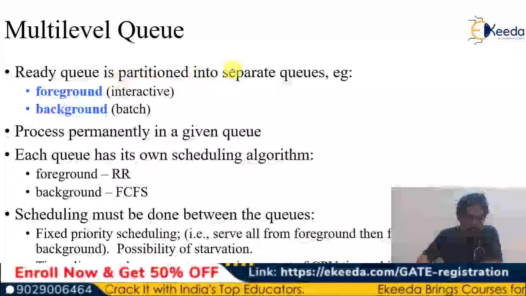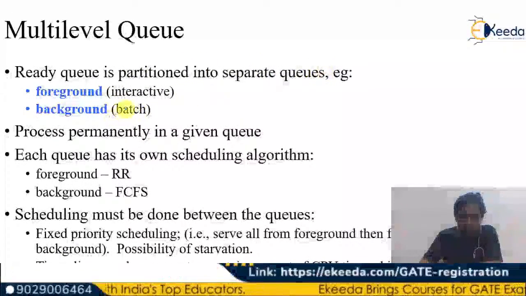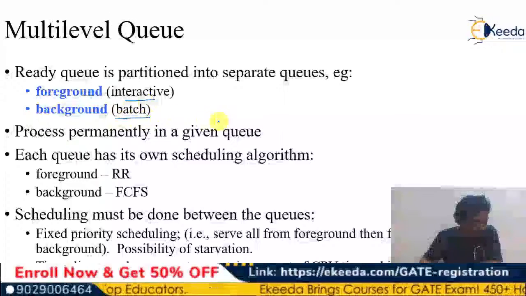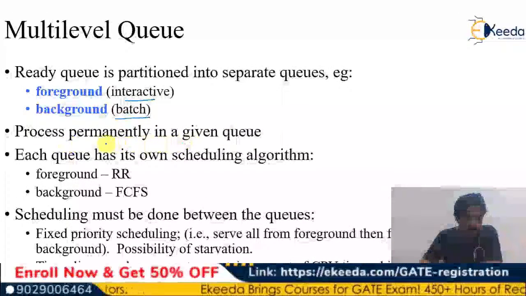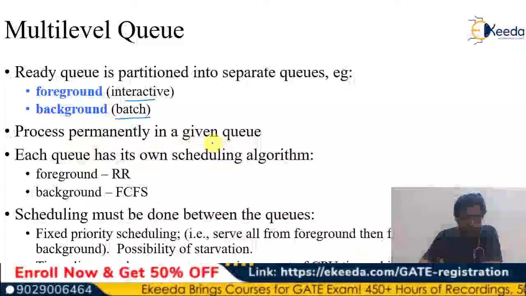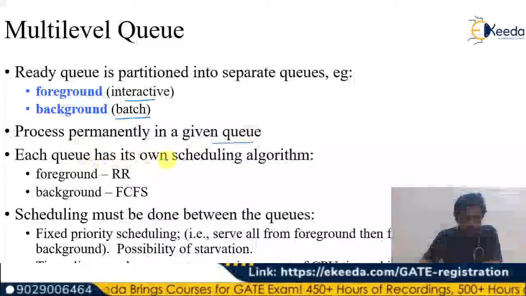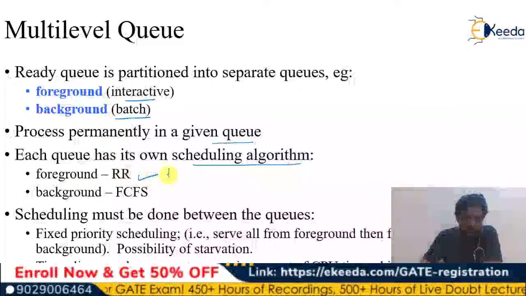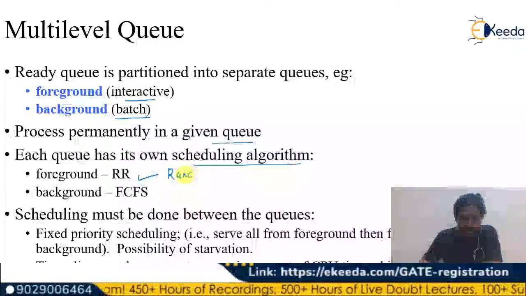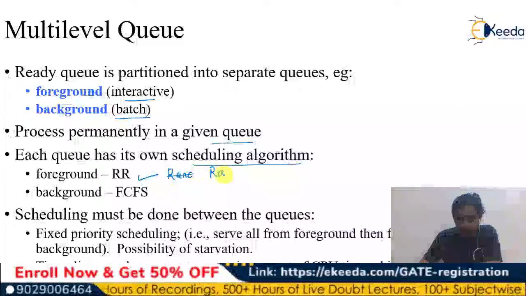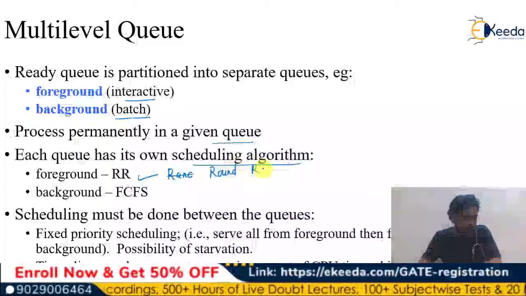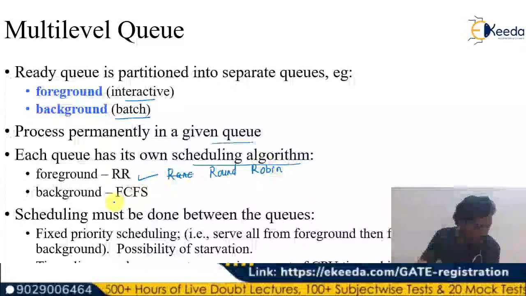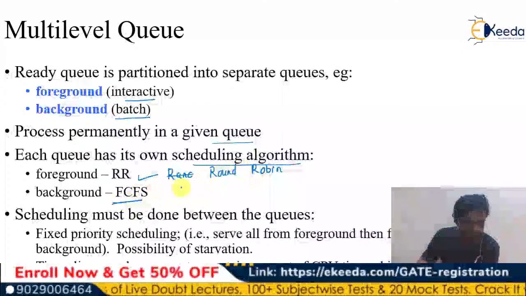So now the ready queue is partitioned into two separate queues. For example, foreground interactive and background as batch. Processes stay permanently in the given queue. Each queue has its own scheduling algorithm. Suppose the foreground process can have a round robin algorithm, and the background process may be run in FCFS order.